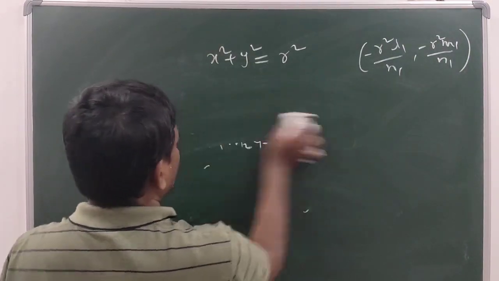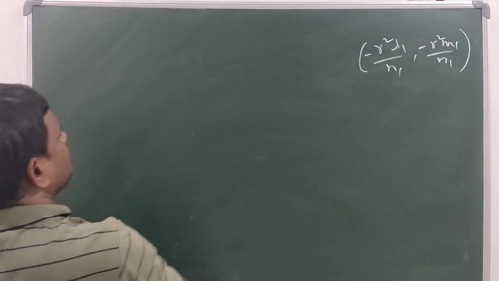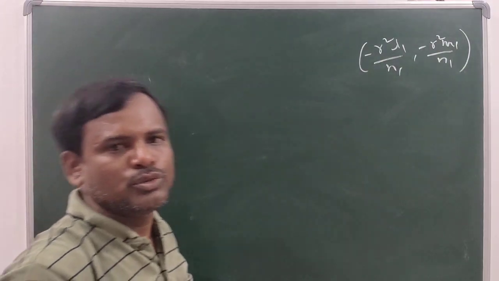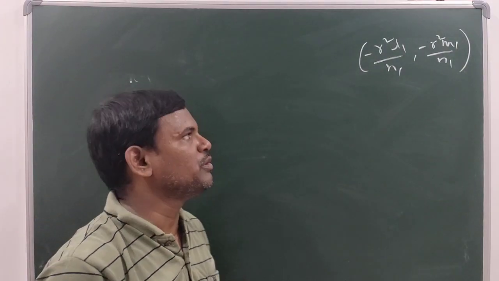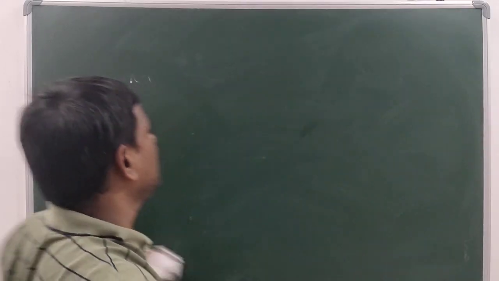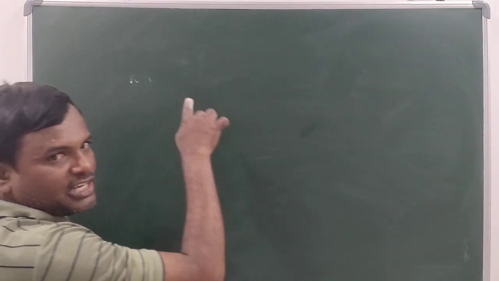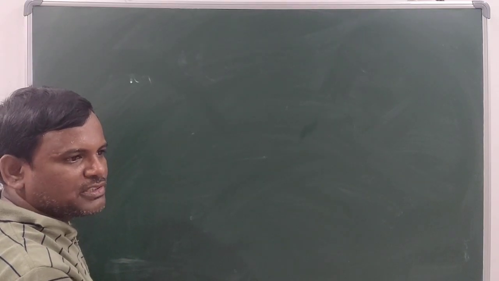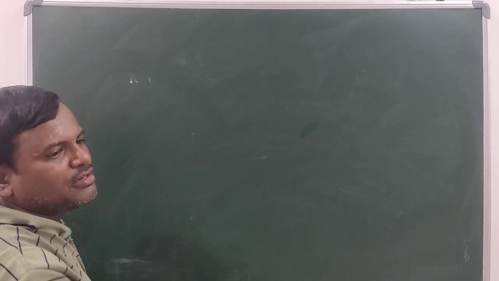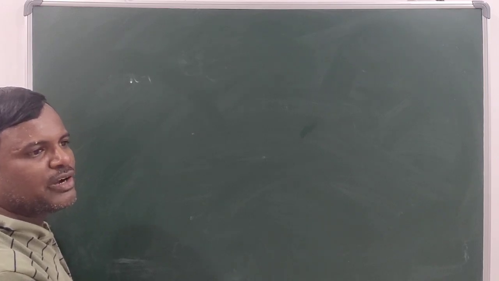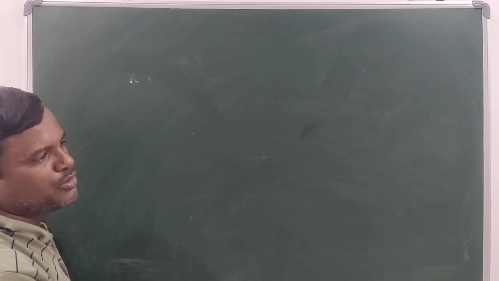So suppose the circle equation is given like this, x square plus y square plus 2gx plus 2fy plus c equal to 0. Now in that case, what condition do we get? The circle equation is x square plus y square plus 2gx plus 2fy plus c equal to 0, and the polar equations are given as L1x plus M1y plus N1 equal to 0 and L2x plus M2y plus N2 equal to 0.